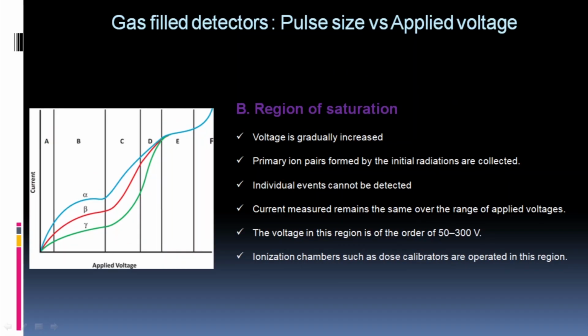Now, the next region is the region of saturation. This is where the voltage is gradually increased after the region of recombination.